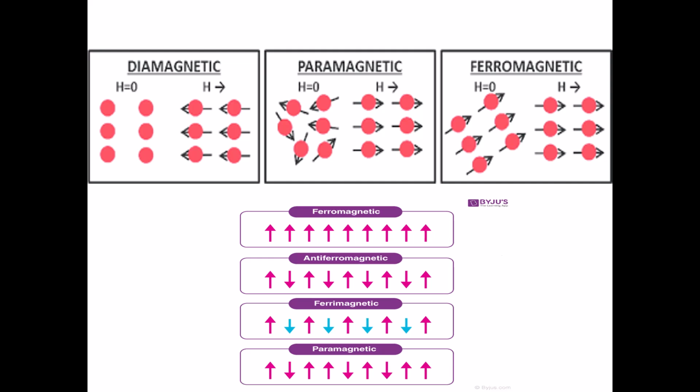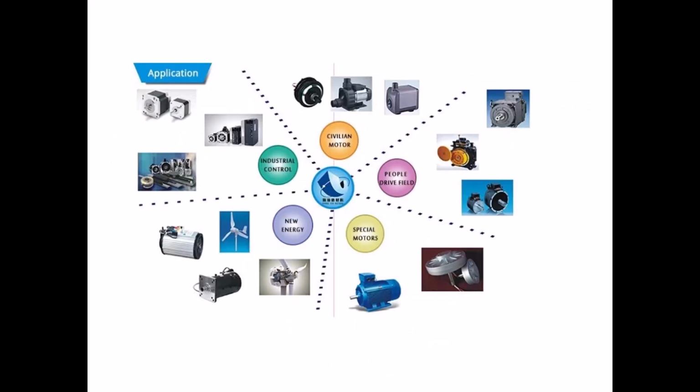Among these, ferromagnetic materials such as iron, cobalt, and nickel are widely used because of their strong magnetic properties. Magnetic materials are essential in many devices we use every day, such as electric motors, generators, transformers, loudspeakers, and data storage devices.